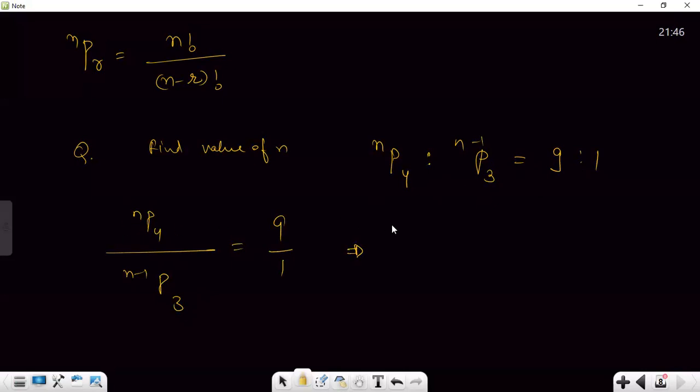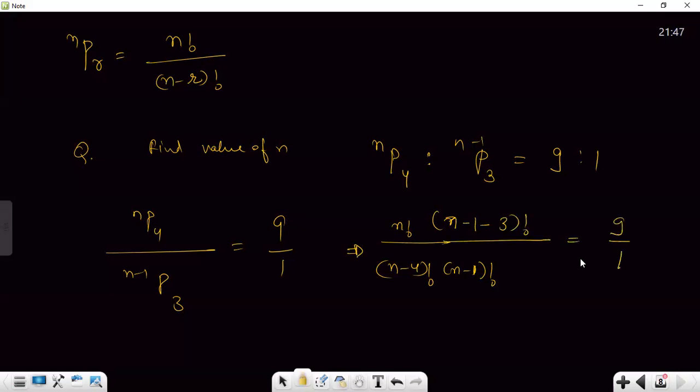Let's write their formula: n factorial divided by (n minus 4) factorial, and this is (n minus 1) factorial divided by (n minus 1 minus 3) factorial. That is given as 9 by 1. If we simplify it, it becomes (n minus 4) factorial, and this cancels each other.